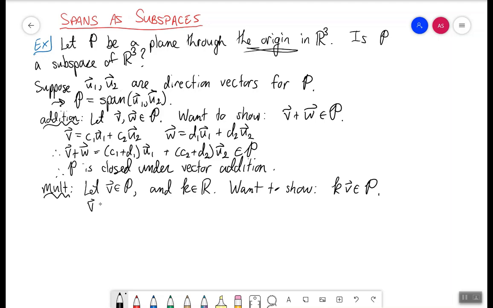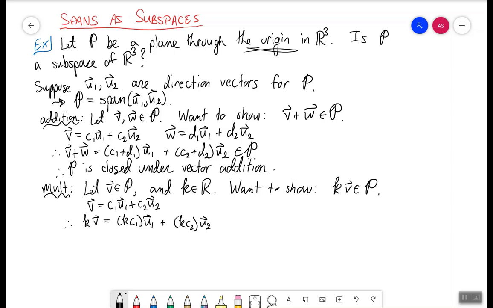We can write V equal C1 U1 plus C2 U2, and then KV is equal to K C1 times U1 plus K C2 times U2.